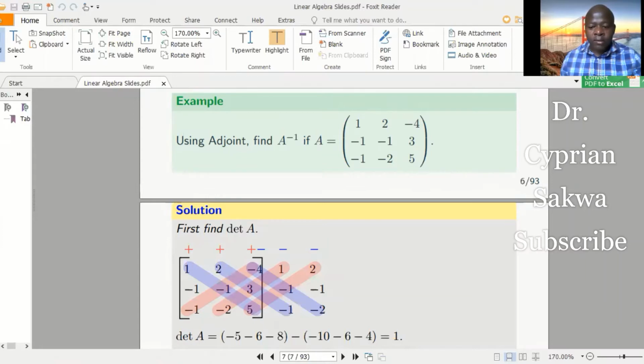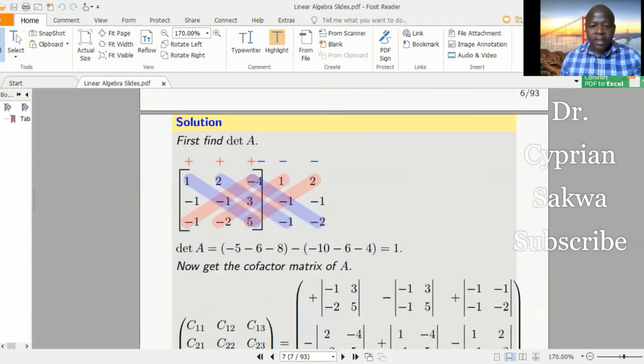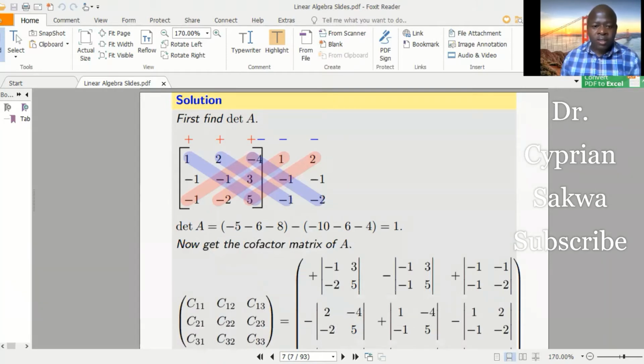So the first thing we do is to find the determinant of A. Since A is a 3 by 3 matrix, I chose the simplest way to find the determinant of A. As we did in the previous video on finding the determinant of matrices, I wrote matrix A here, and then took the first two columns and added them here.